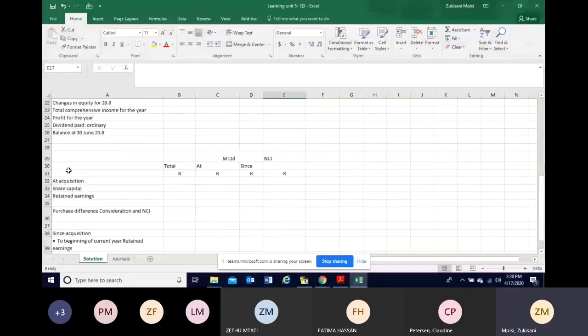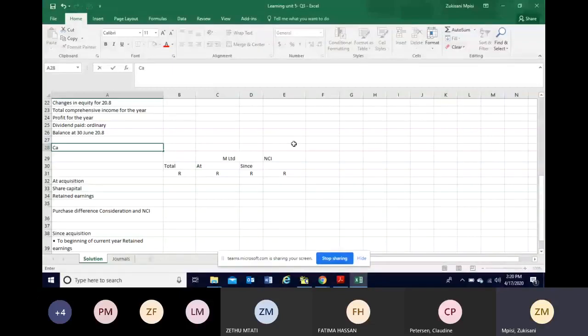So the important thing that first we have to unfortunately do, we have to do what we call an analysis of equity, so that we understand and know where we are. So this becomes the first calculation that you have to do.